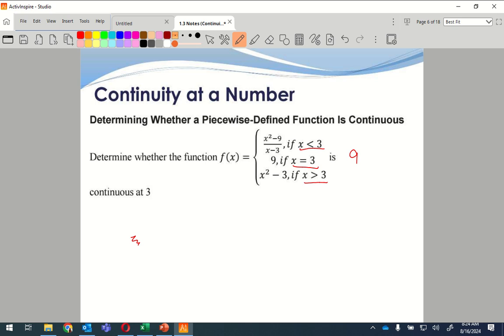If I'm starting with the left side here, as x is less than 3, let's factor my numerator. I get x plus 3 times x minus 3 over x minus 3. Those cancel. So that's why it does not equal 3 right there, okay? That's why it's a piecewise function.